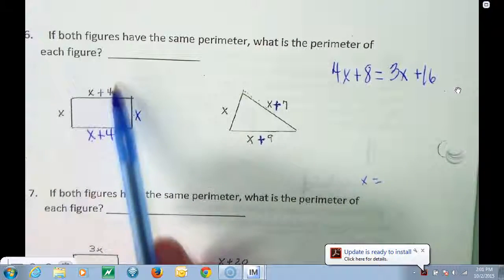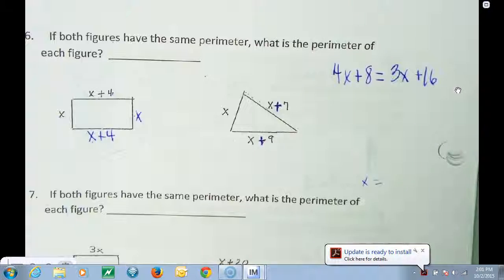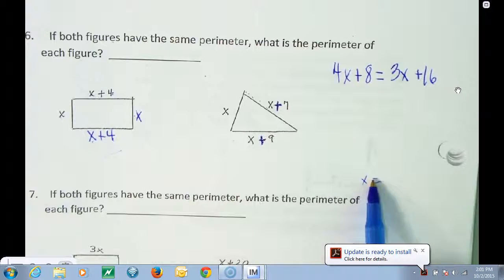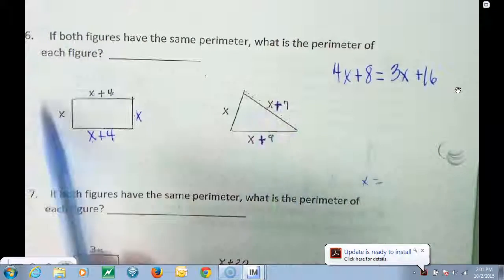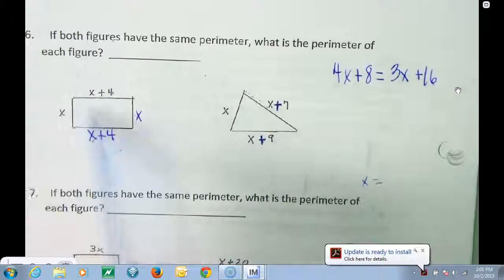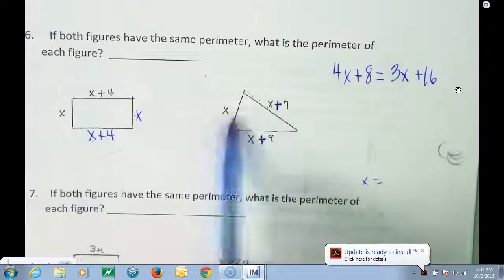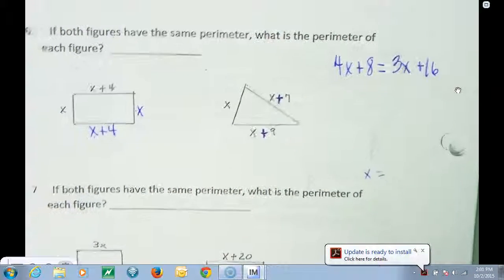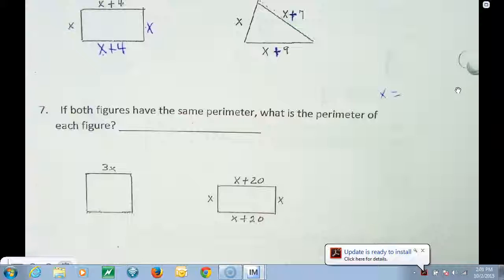Will we have the perimeter? x is not going to tell us the perimeter, is it? Then we've got to put that number in for x in either one of these, because they have the same perimeter. It won't matter which one we put it in, and we'll get the perimeter.